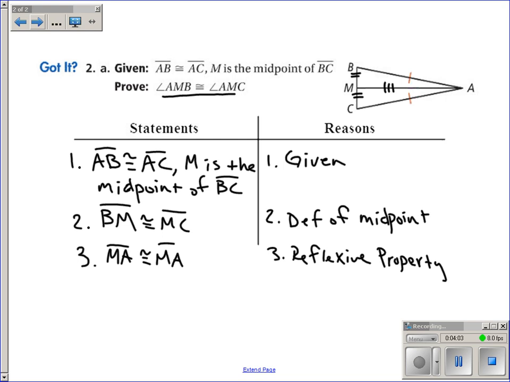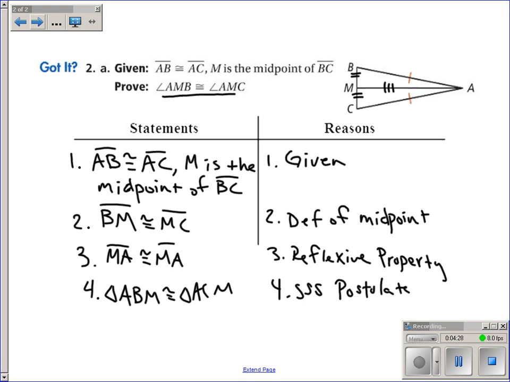Okay, so now that I look at this picture, and again, I've drawn on the picture as I've learned new things, I can now say that these two triangles are congruent by side-side-side. Triangle ABM is congruent to triangle ACM, in that order. And the reason is the side-side-side postulate.